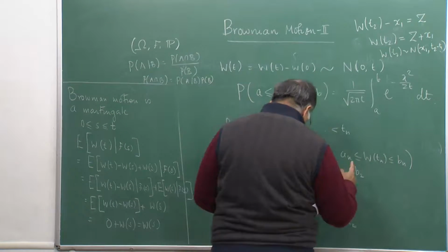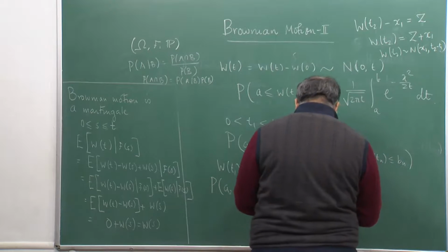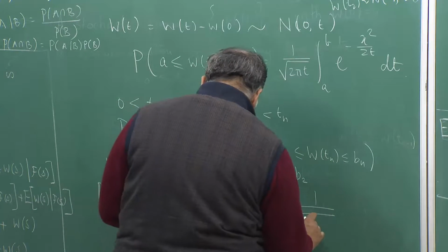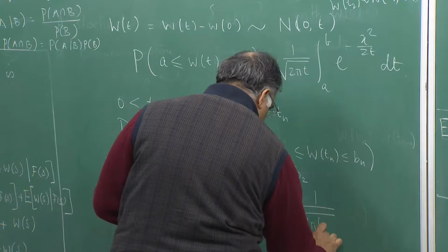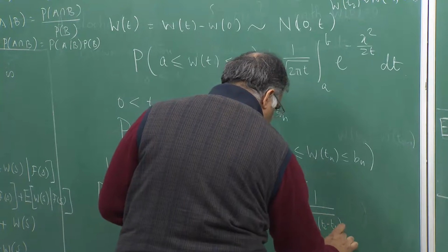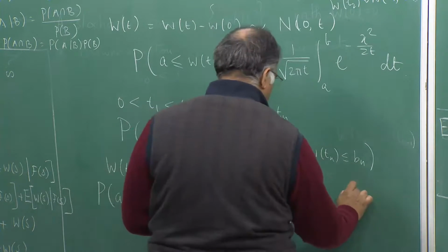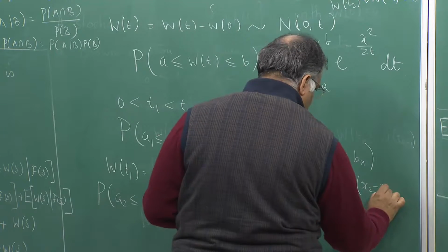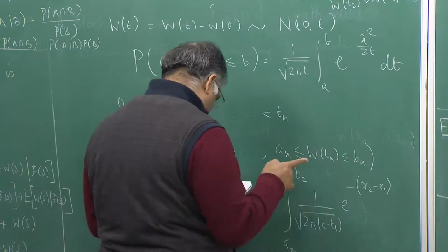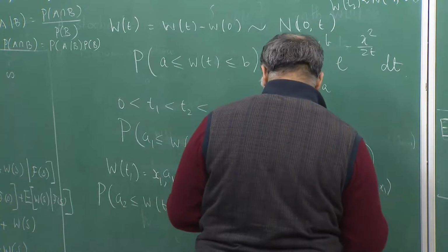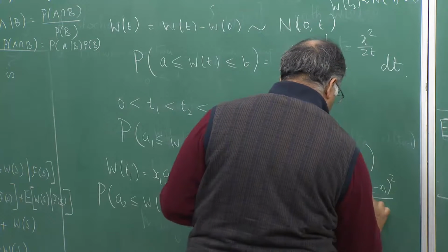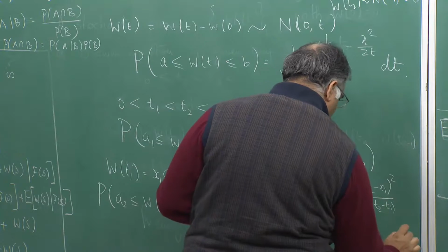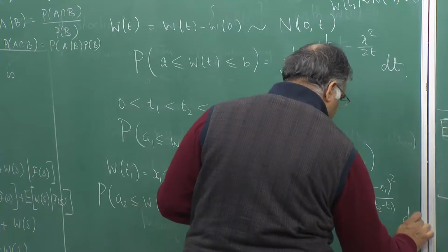So this conditional probability is 1 by root 2 pi, where x2 is the variable that I am using, and x1 is the mean, dx2.